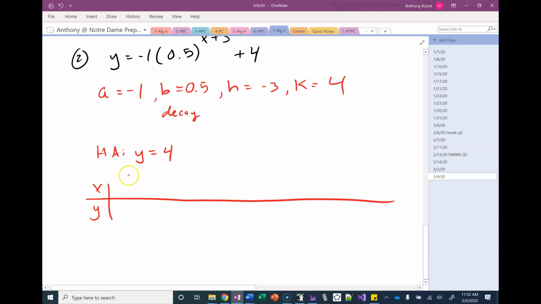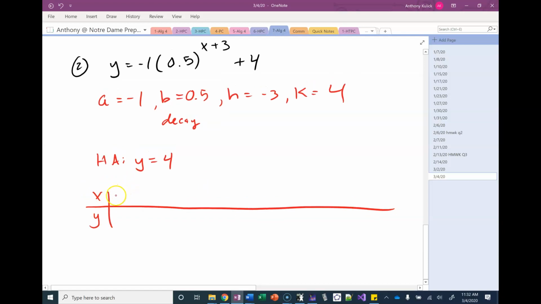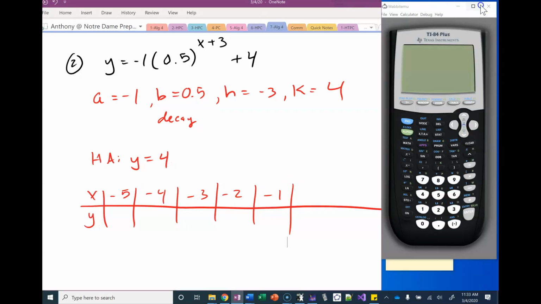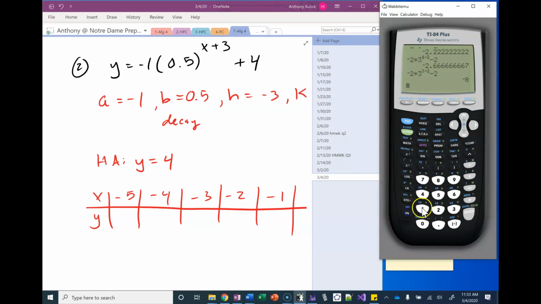So I'm going to have -2 plus h, and then -1 plus h, +1 plus h, and then +2 plus h. And then we can find our y coordinates by just typing these into our calculator. So that's the way I'm going to do it. You could also use the formulas that I gave you in class. That's fine also.